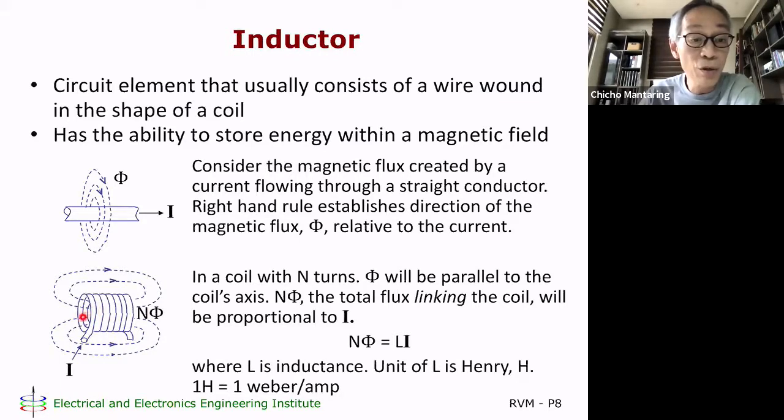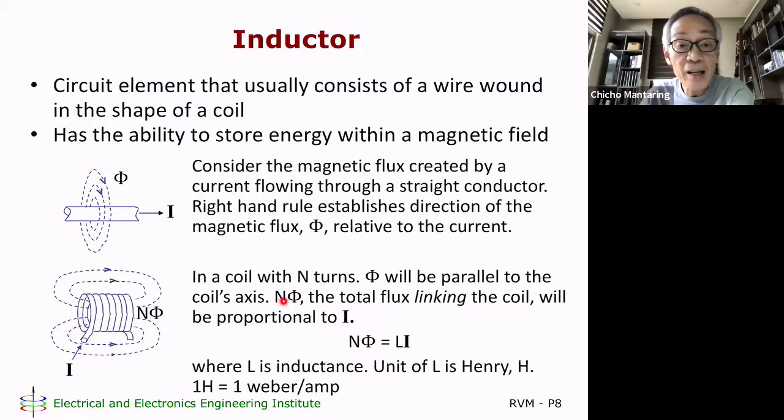axis of the coil. And the amount of flux that will flow is equal to the number of turns of the coil times phi, where phi is the flux that would have flown if you only had a single wire. Because now you have many turns here, the flux is multiplied by the number of turns N. We say that N phi is the total flux linking the coil.